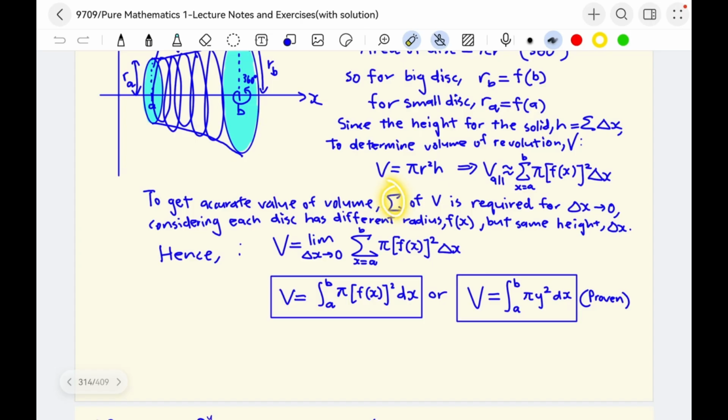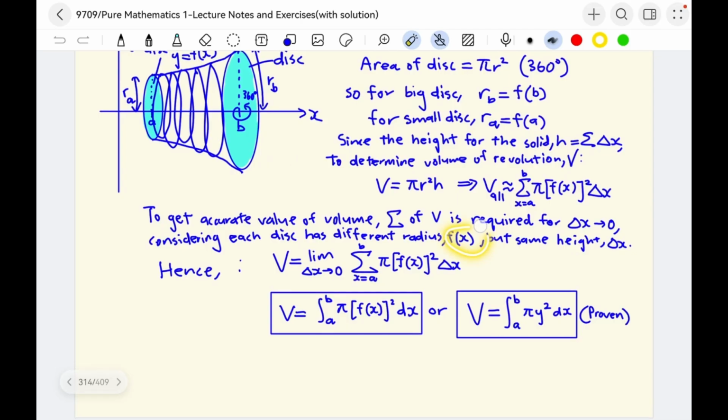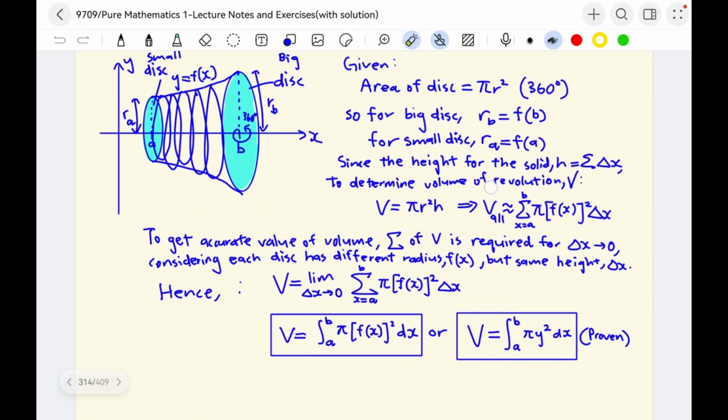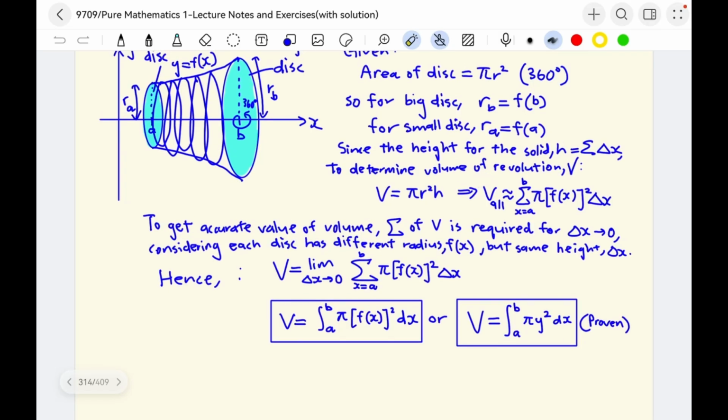So the summation of the volumes is required, for the small change of x approaching 0, considering that each disk has a different radius. The radius represents the function for each x value between a and b. And we assume that each disk, with its different radius, has the same height, which is the change of x.